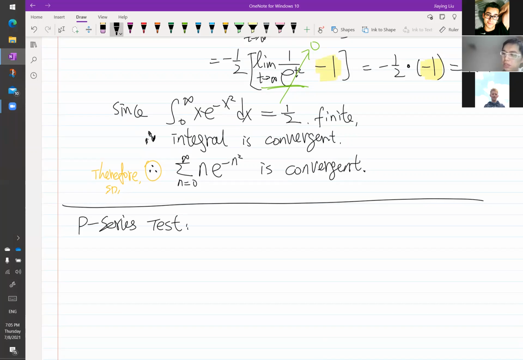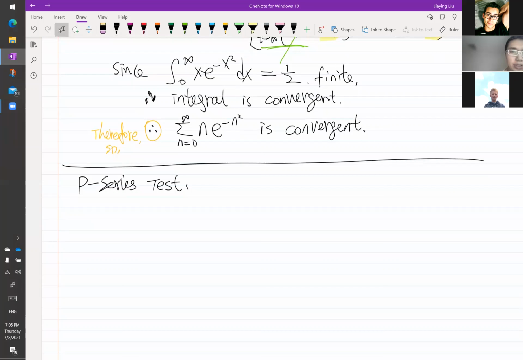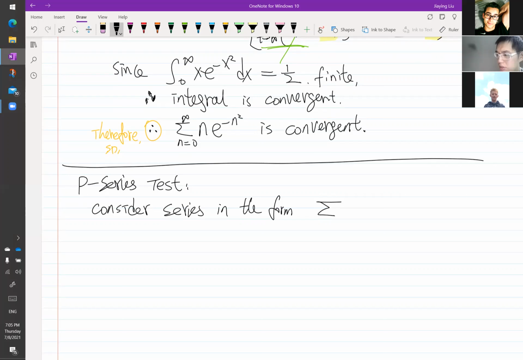So consider a series of the form sigma, n equals k to infinity of 1 over n to the p.